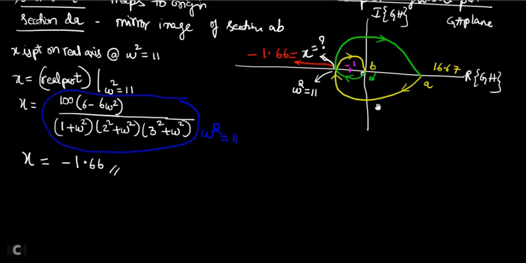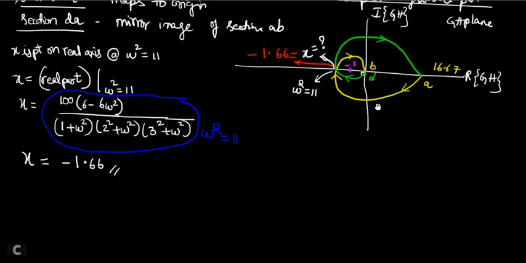For writing a capital N, for clockwise you have to take positive. I am stressing, for writing the capital N value, if the circles are in clockwise, please take it as positive. If the circles are in anti-clockwise, please take the direction as negative.